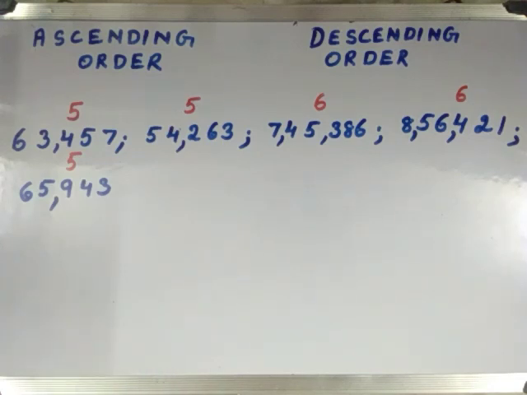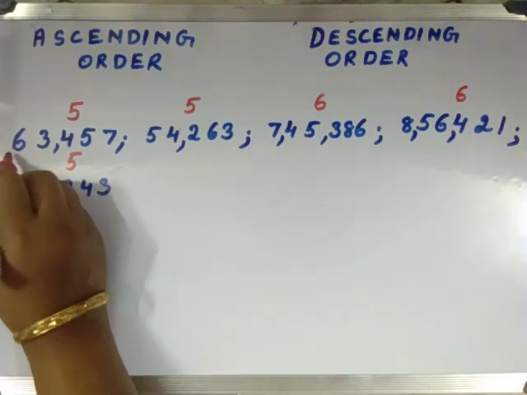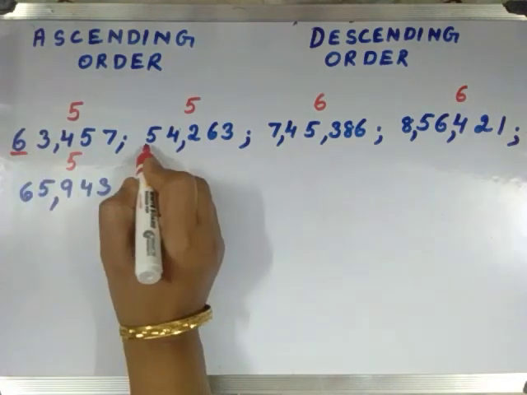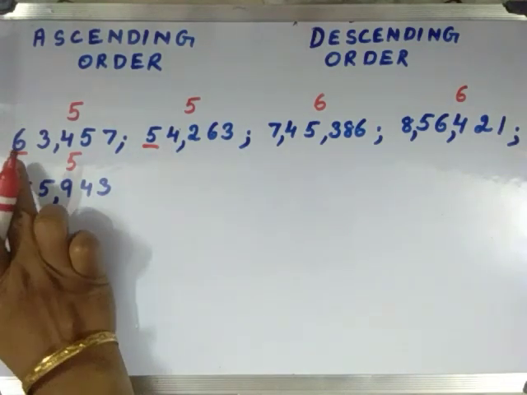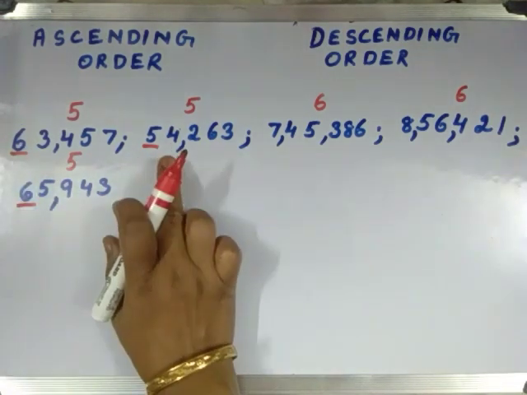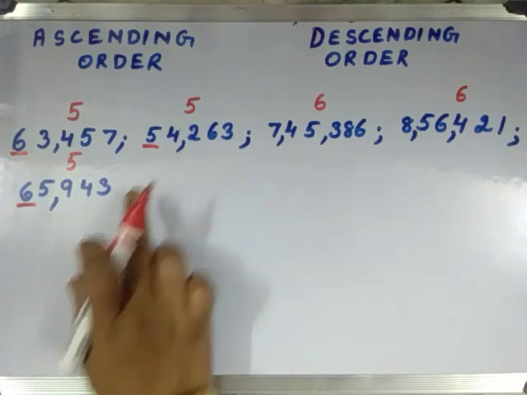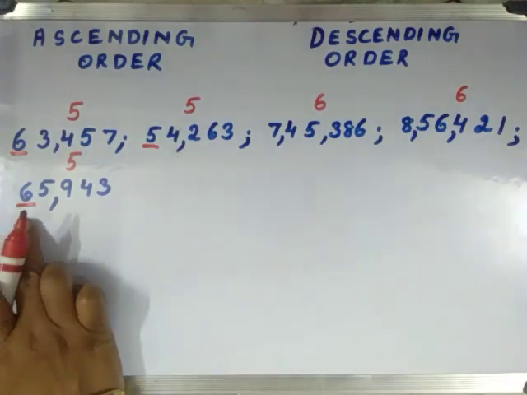So what is the next trick we have to see? When the digits are the same, we have to compare the first digit of the numbers. In this case, the first digit is 6, in this number the first digit is 5, and in this number the first digit is 6.